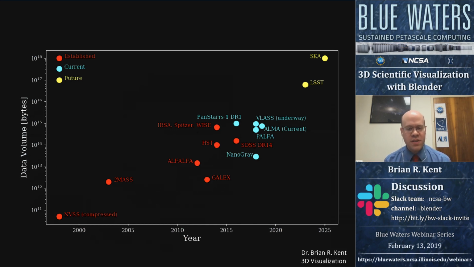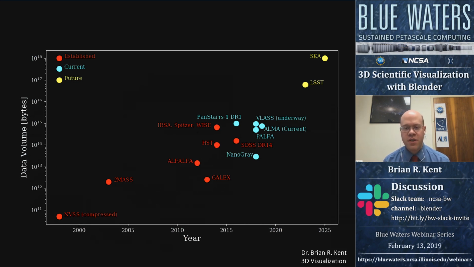Okay, that's relatively small by today's standards. And as you can see, we continue to trend up on this logarithmic scale, going through projects like 2MASS, GALEX, the ALFALFA Survey at Arecibo, where the Hubble Space Telescope was in 2014.